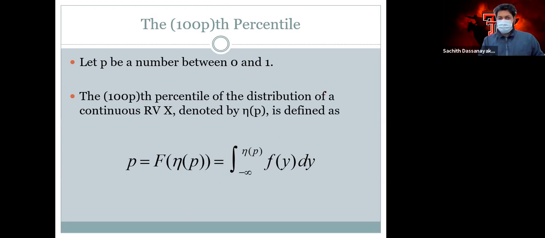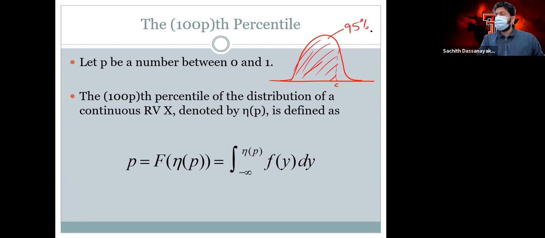Let me draw this so it is easy. If you have your distribution something like this, up to this point, I don't know what the value is, let's say C, it has covered 95% of our distribution.